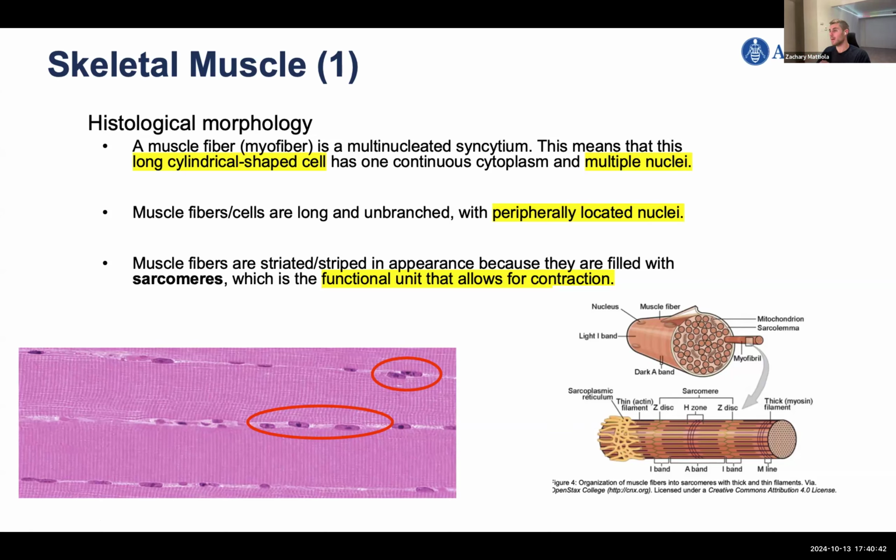Okay, so they're one long empty tube filled with these myofibrils, and these myofibrils will give them this characteristic striated appearance under the microscope. Okay, and these myofibrils are made up of these contractile elements called sarcomeres that I will explain to you a little bit later, okay?